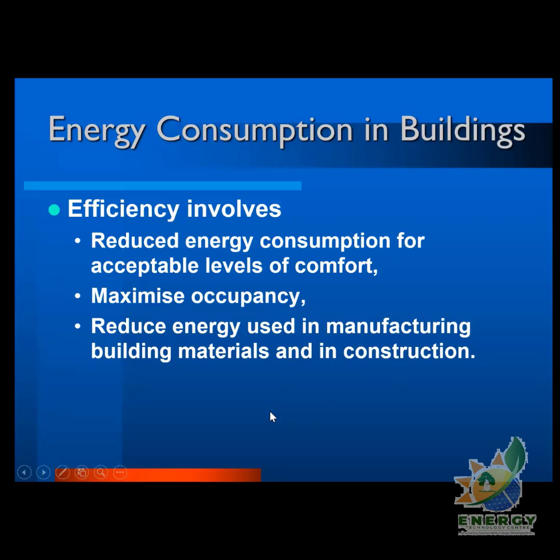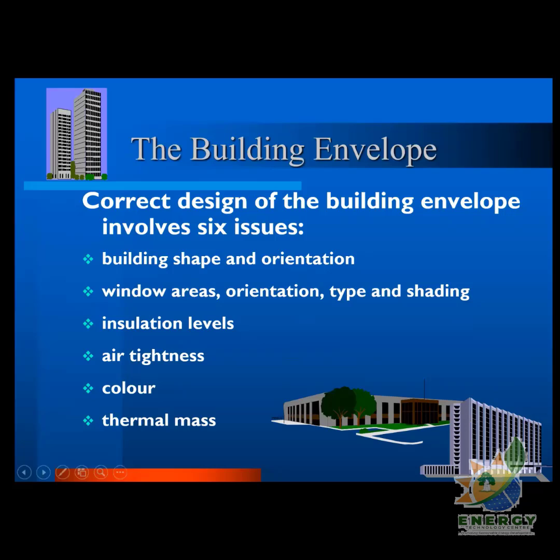Now, the building envelope itself has to be designed in such a way that it allows a lot of light, especially daylight, to get into the building, and also to minimize energy. And so we talk about 6 main features that have to be taken into account in the correct design of the building envelope.